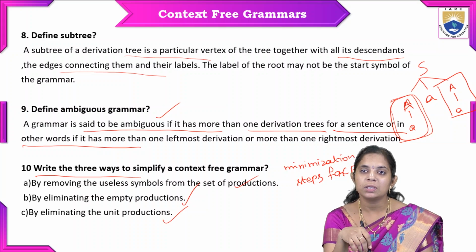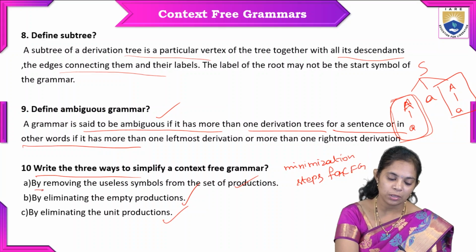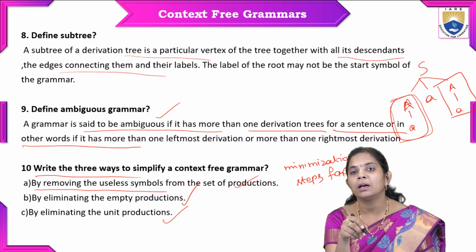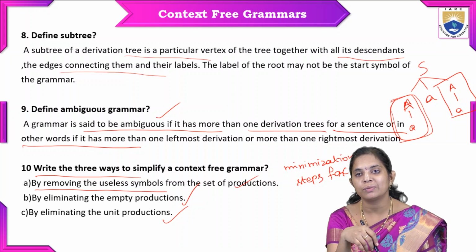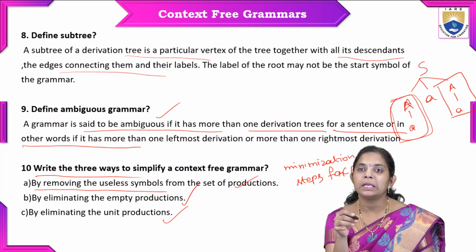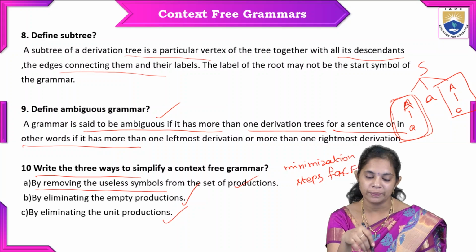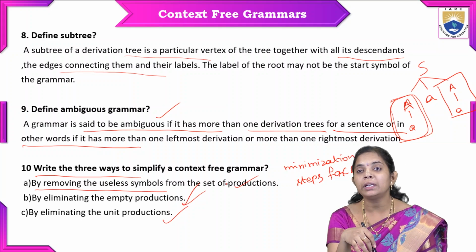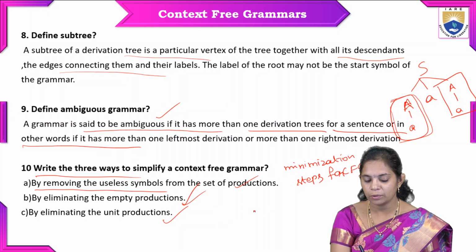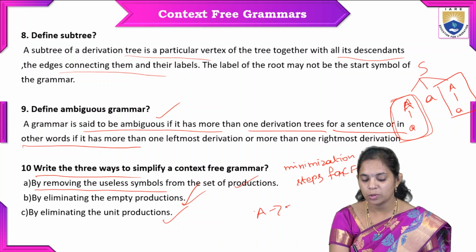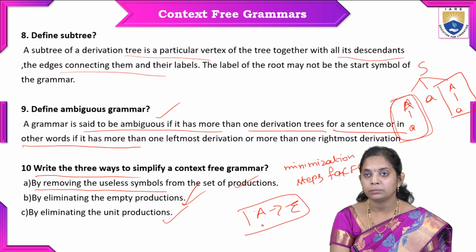By removing the useless symbols, we can decrease the number of production rules in the grammar, so that the derivation is going to be easy. And we can eliminate the empty production. Empty production means that if A tends to epsilon is there in any production rule, we need to eliminate it.